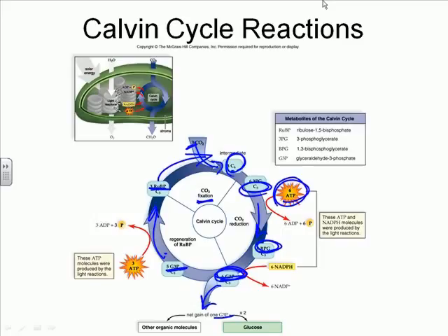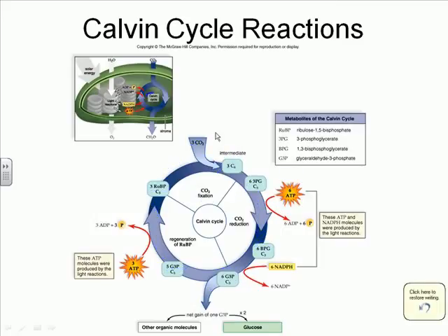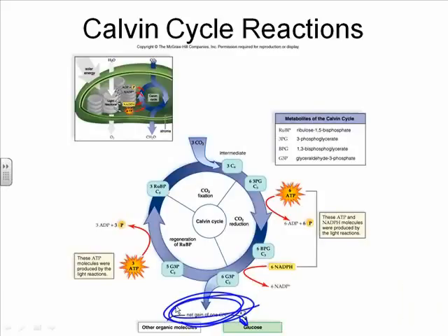This is a continual cycle going on out here in the stroma, the fluid portion of the chloroplast. At the end, notice I have made G3P, and G3P will become glucose or other organic molecules, fructose. But it makes that carbohydrate that we wanted to make from carbon dioxide and water.